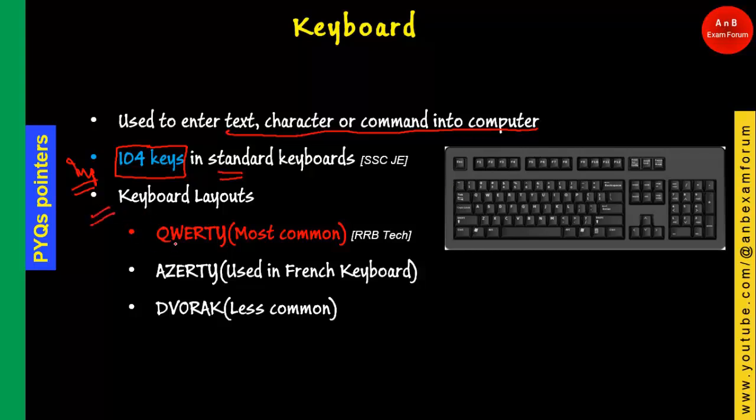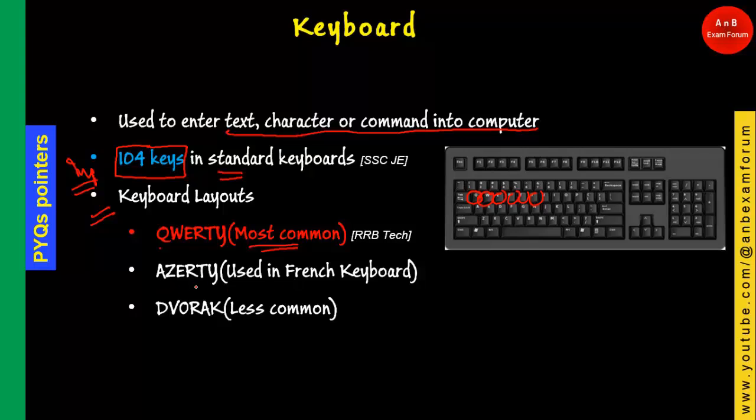These are the keyboard layouts. Layout means how these keys are arranged. And QWERTY is the most commonly used keyboard layout in keyboards. Why is it called QWERTY? If you see the characters QWERTY, that's why it is known as the QWERTY keyboard.